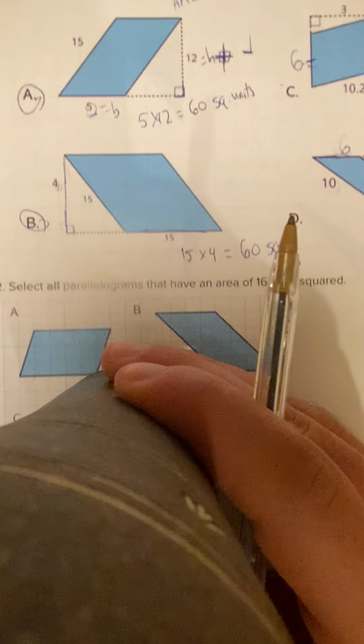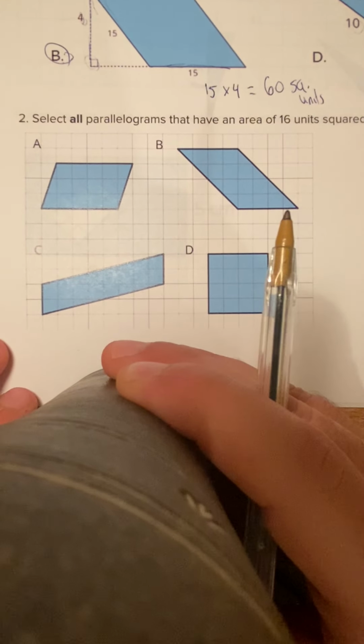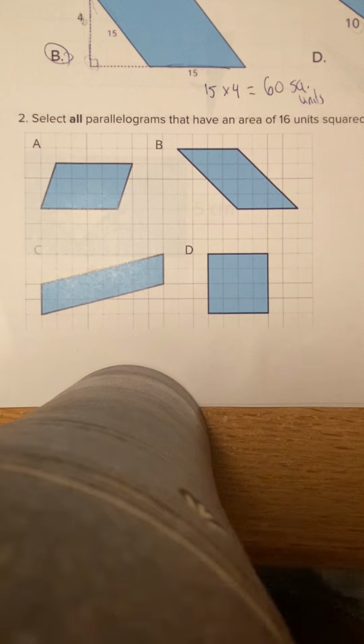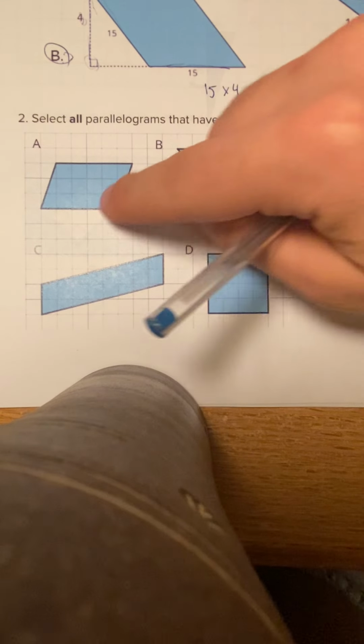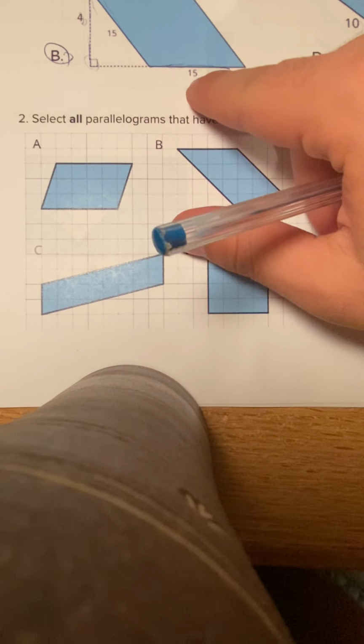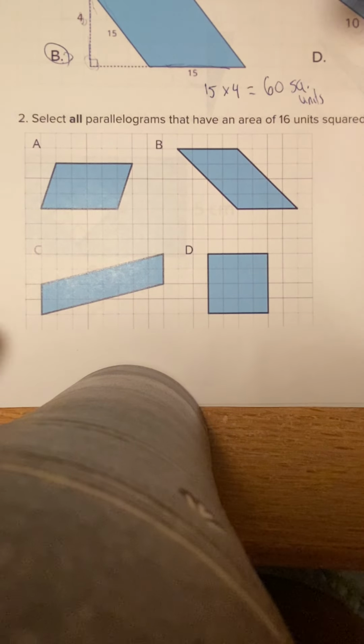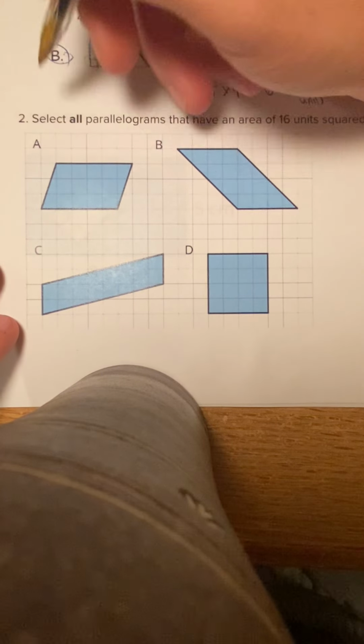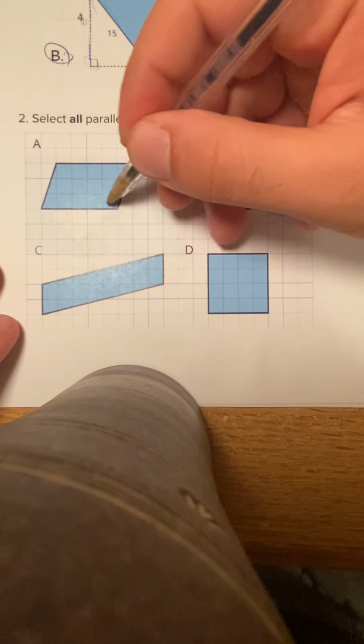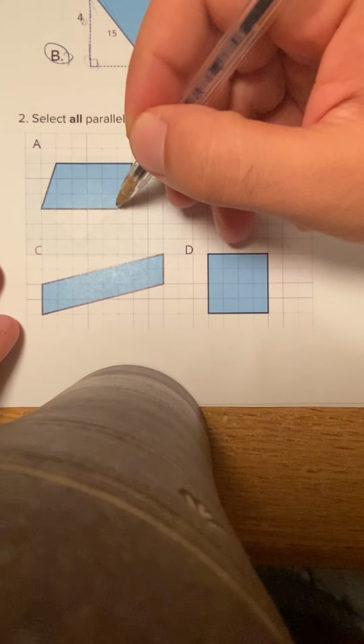Great. Now this part says select all parallelograms that have an area of 16 units squared. These don't give you the lengths of the base and height like these, but they give you the unit squares, so you've got to count the base and height yourself. I'm going to pick this as my base because it's flat and it's easy to count.